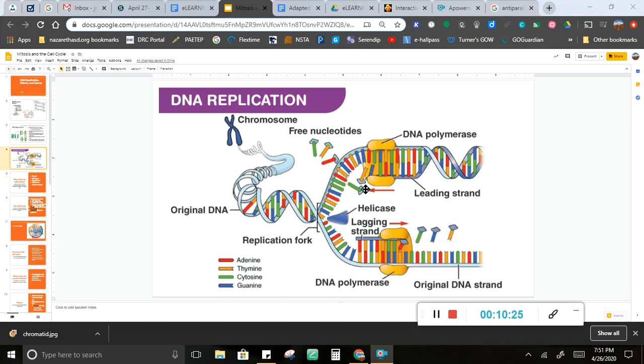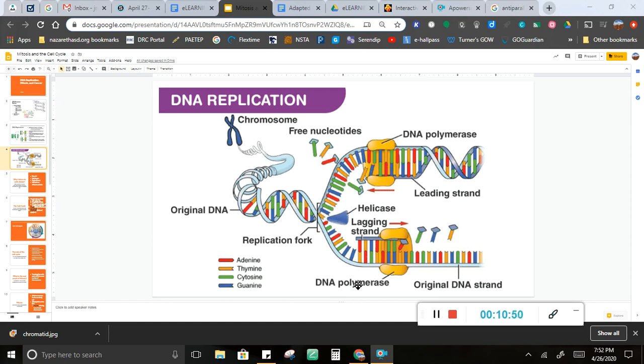So you can see this red arrow right here. On the leading strand, as soon as a nucleotide is opened, DNA polymerase can add the complementary one. And it builds this new DNA molecule in a continuous fashion towards the replication fork. So as this continues to unzip, the leading strand just continues to be synthesized.